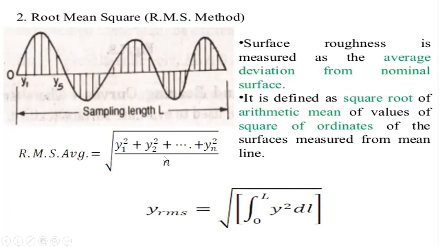But in the CLA method, we directly took the measurement length of the ordinates. Here we take it with a square root, and the ordinate is the square element, that is y1 square plus y2 square and so on, yn square, divided by small n.